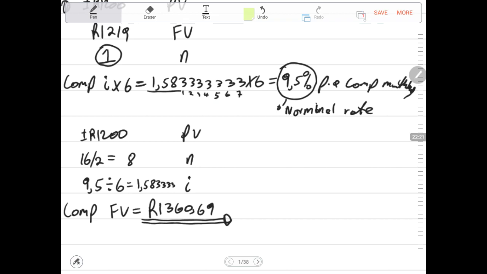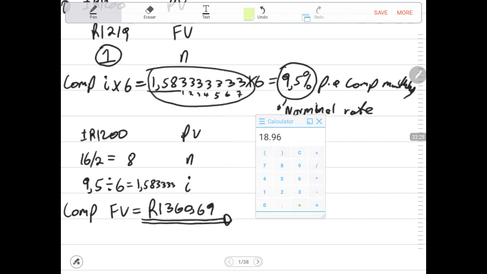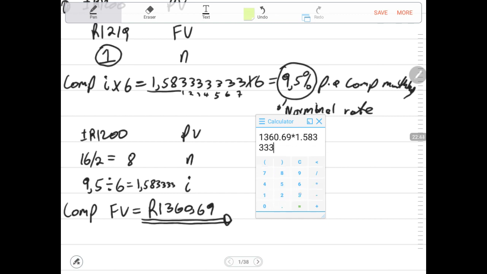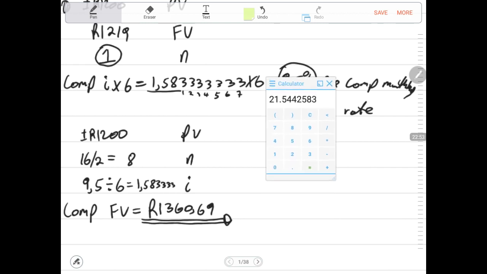Now let us check if we can get this answer correct by using the 1.58 that is compounded for every 2 months. We say 1,360 rand 69 cents times by 1.58, with seven digits, divide by 100. This is the amount of the interest that we are getting.